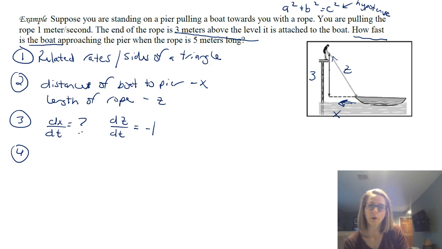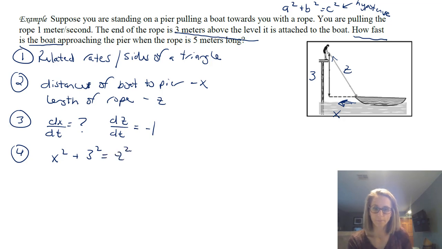So what we know from our picture is that x squared plus 3 squared equals z squared. That's the relationship between the things that are related. And then by taking the derivative, we have the related rates. So now we can take the derivative.